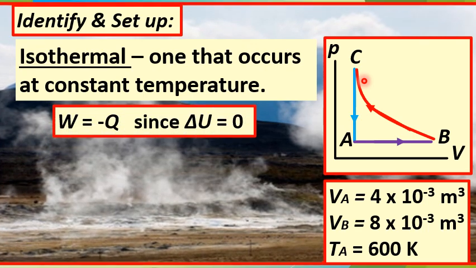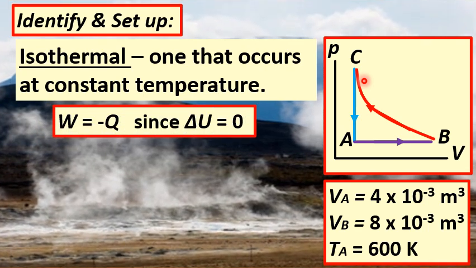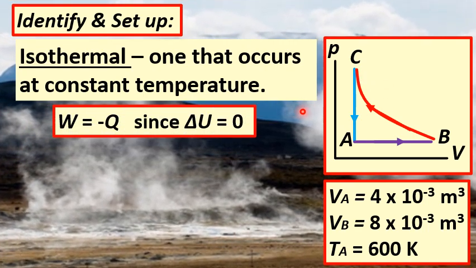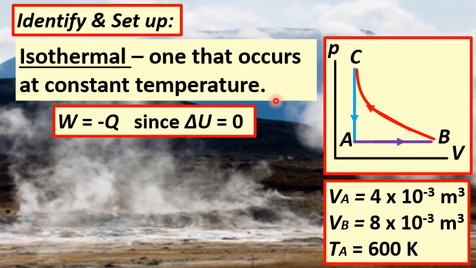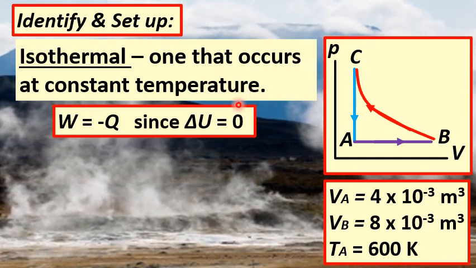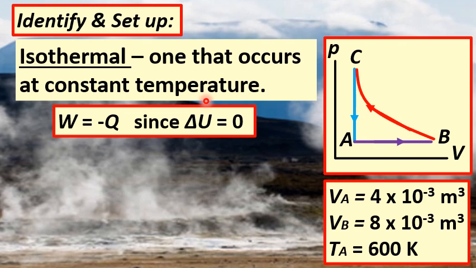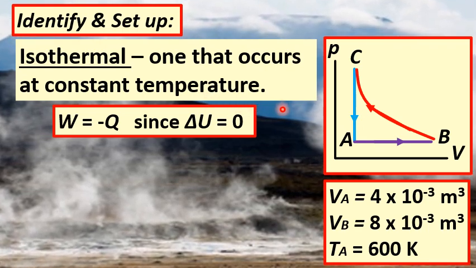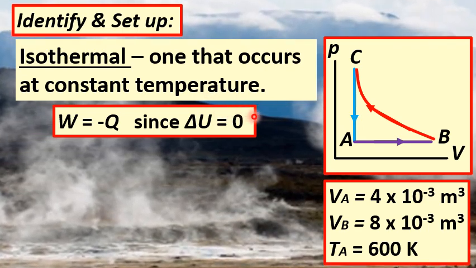Now, an isothermal process where the temperature is constant implies that the change in internal energy, delta capital U, is equal to zero.